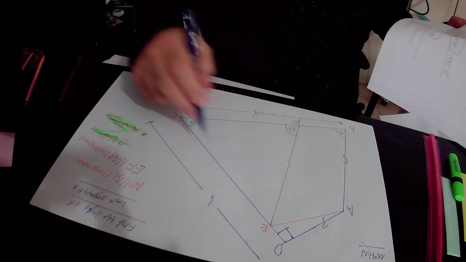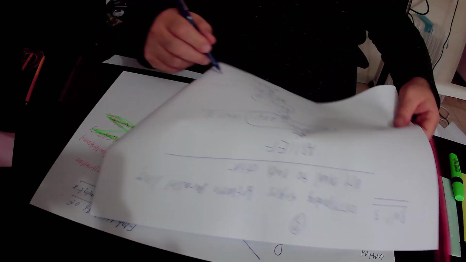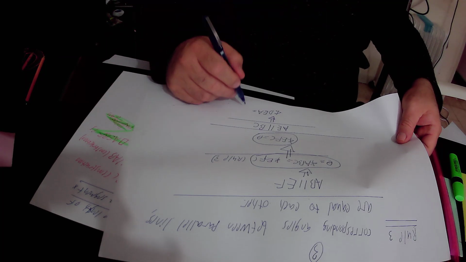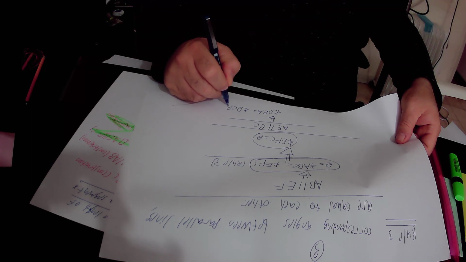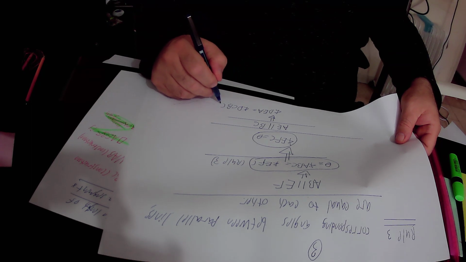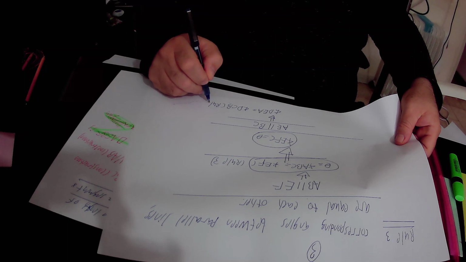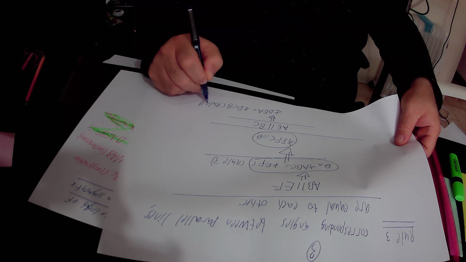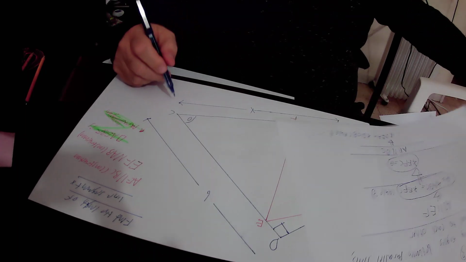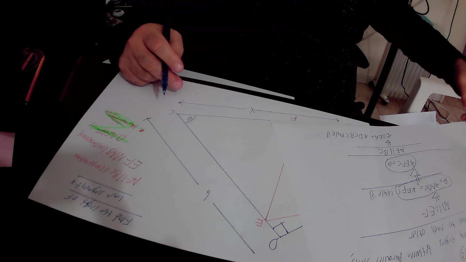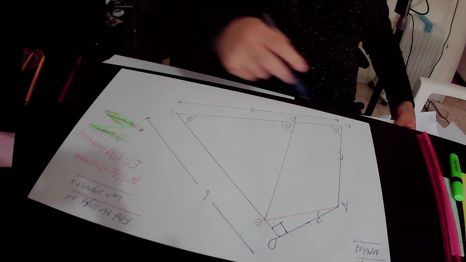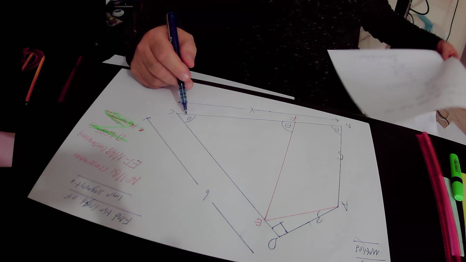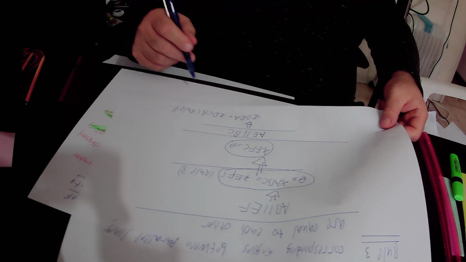This angle is angle DCB. And those two angles are defined as corresponding angles, so they are equal to each other according to rule number 3. But this angle, angle DCB, equals theta according to what is given in the question.